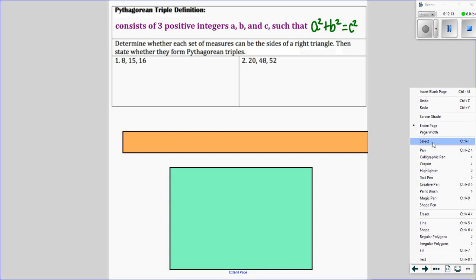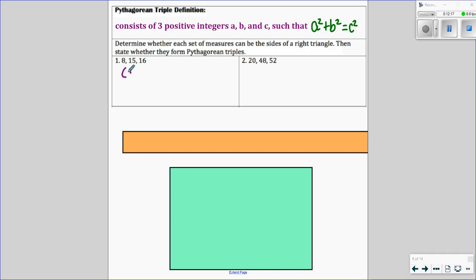So we're going to do the example. I'm going to put it into the Pythagorean theorem: a squared plus b squared equals c squared. I'm going to make 8 as a and 15 as b, and then 16 squared.